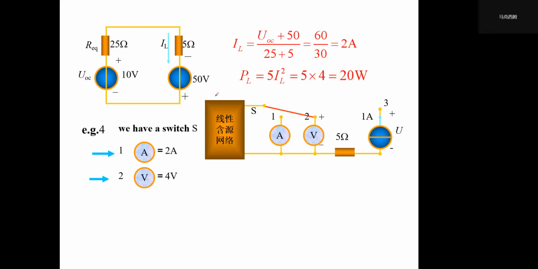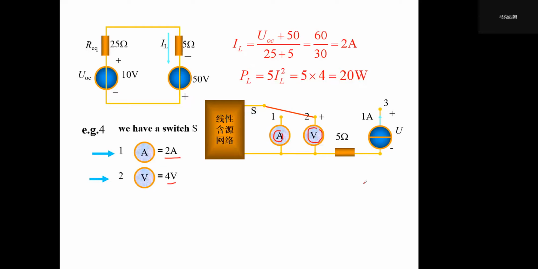So it has its inner power supply, and once we switch to 1, connected to this network, we have a current of 2 ampere, and once we connect the switch to 2, we can measure 4 volt here.